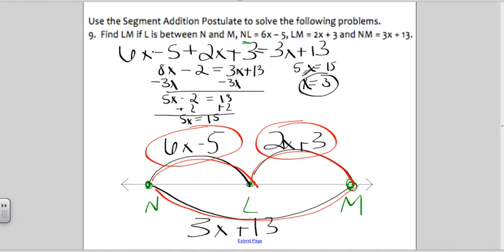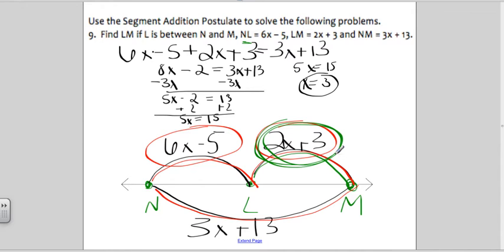Now notice in the problem it didn't ask what x equals. It said find the measure of LM. So now that I know x equals 3, I have to use that to help me find out what LM is. Well, LM was represented by this algebraic expression.